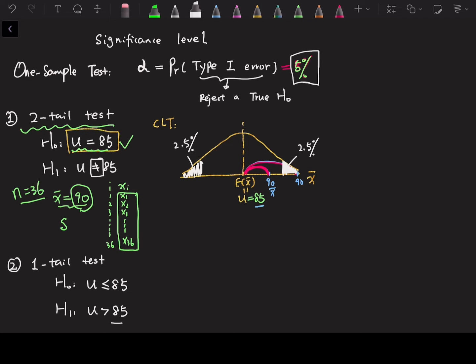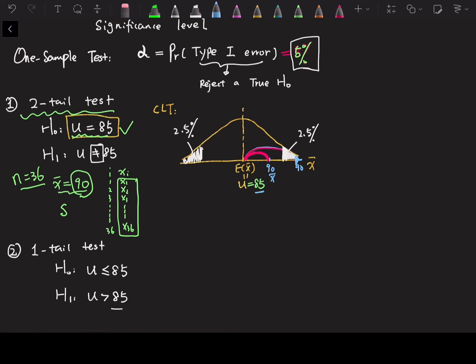So if 90 falls anywhere within this area, because it's in this 2.5%, in this 5% significance level area, we say the difference between 90 and 85 is statistically significant.